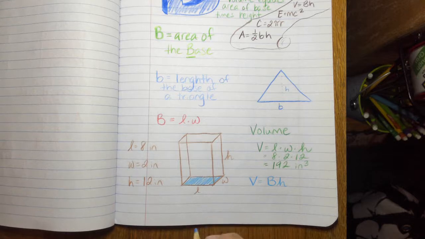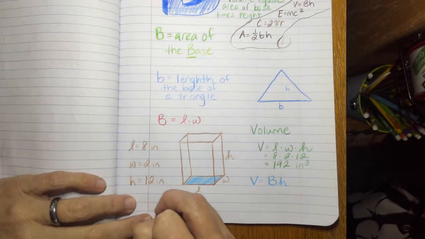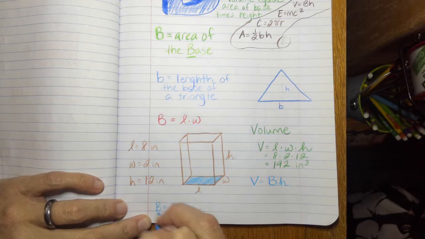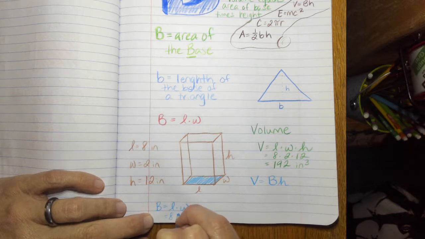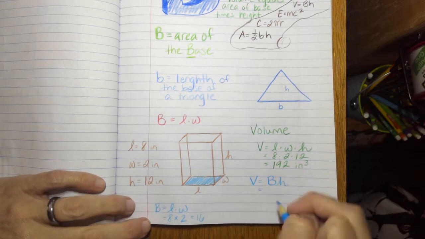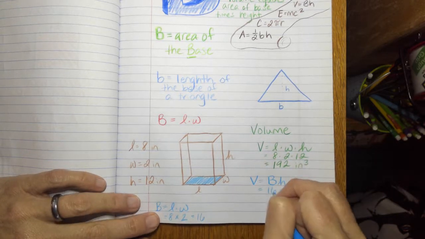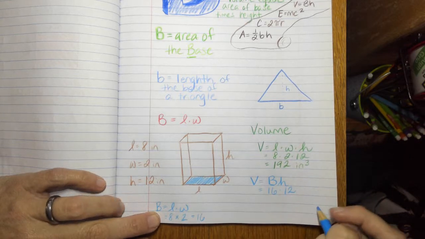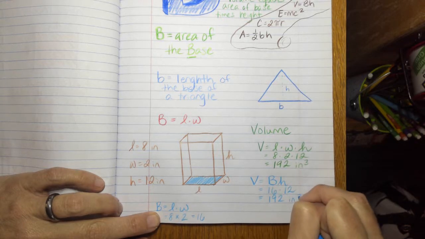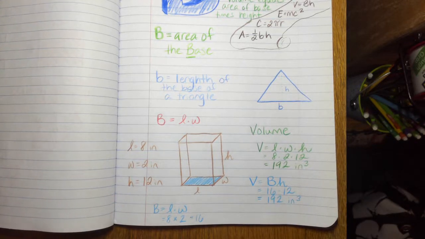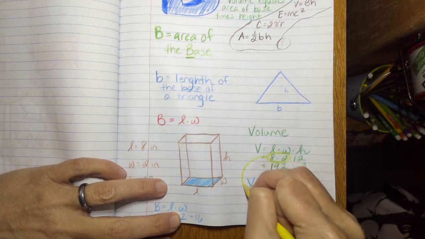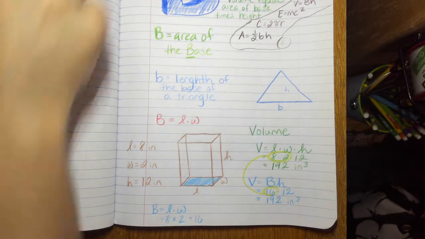So in this case, to find the area of the base, big B equals the length times the width, which is 8 times 2, which is 16. So volume equals 16 times 12, and that is still 192 inches cubed, unless I did my math wrong, at which point you're coming to get tickets. So you should see that this 8 times 2 and this 16 are exactly the same.